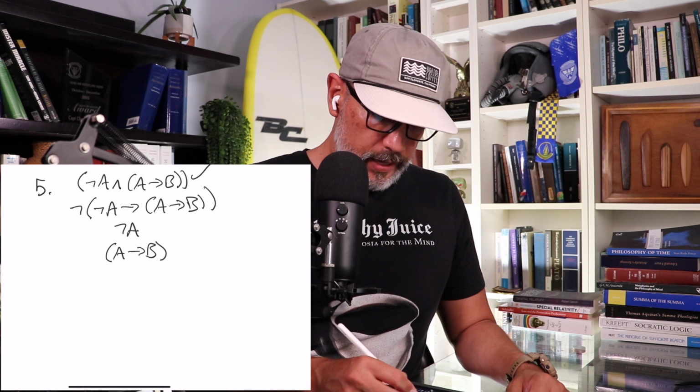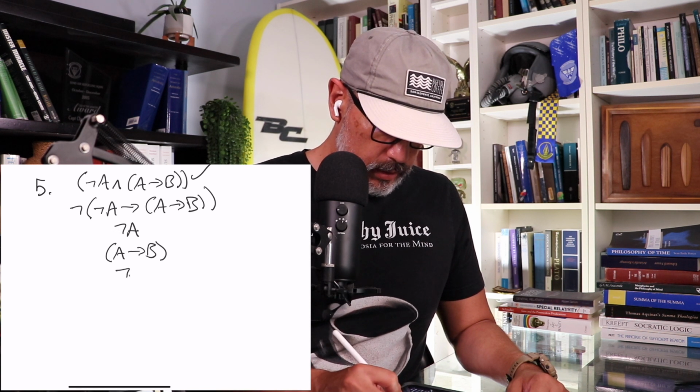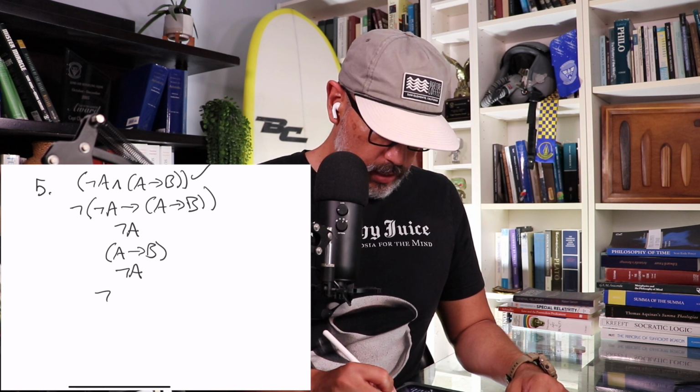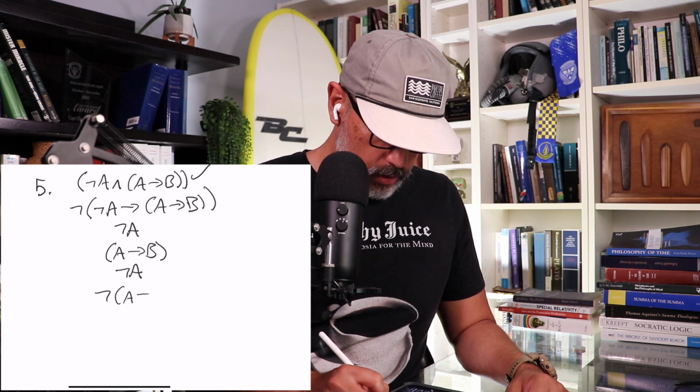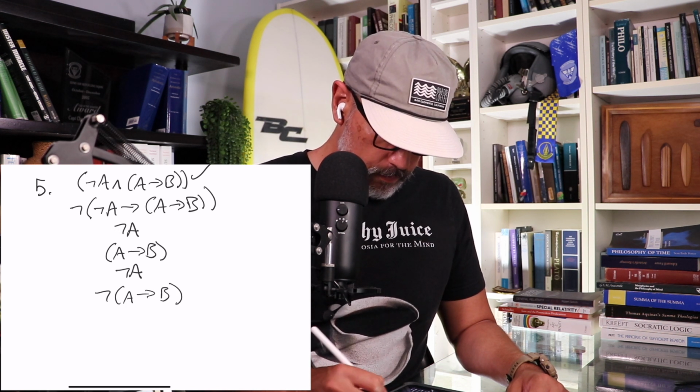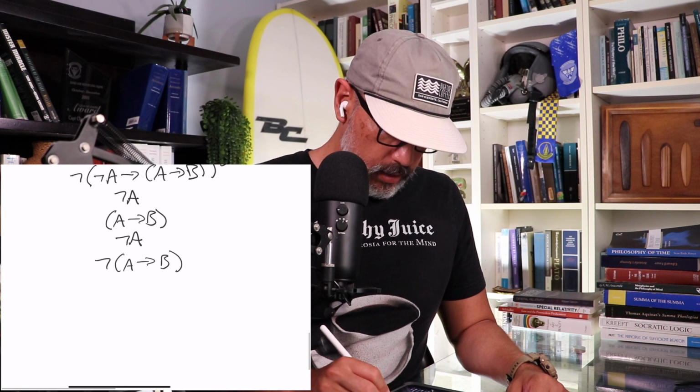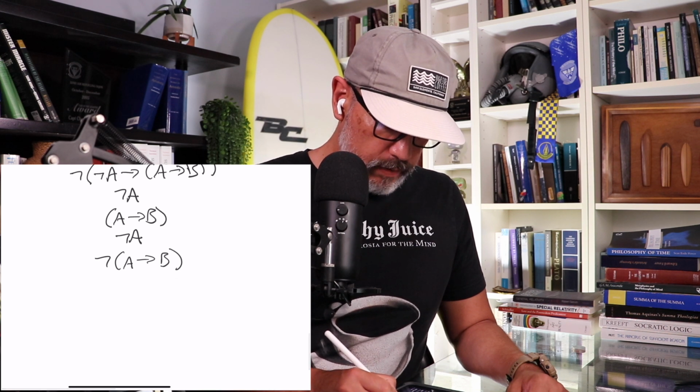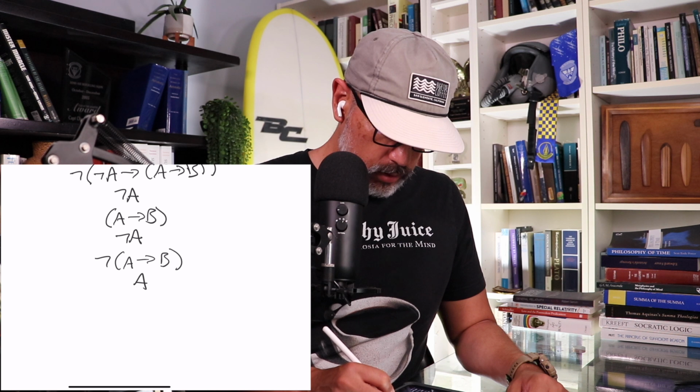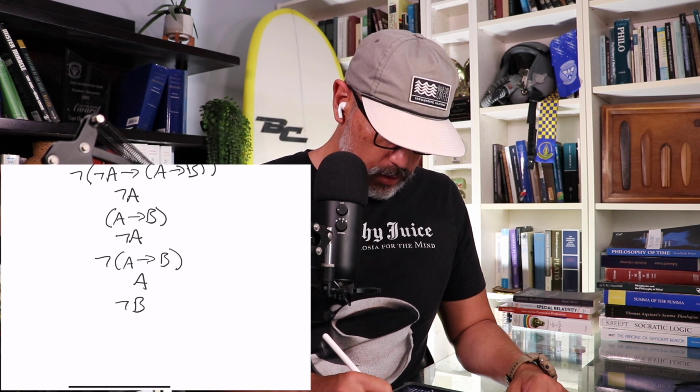And then we'll do the negation of that conditional, which looks like this, not A, not if A then B, check. And then we'll do the negation of that conditional. It looks like this, A not B, check.